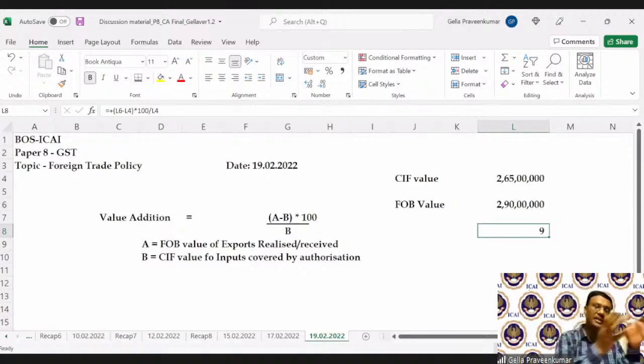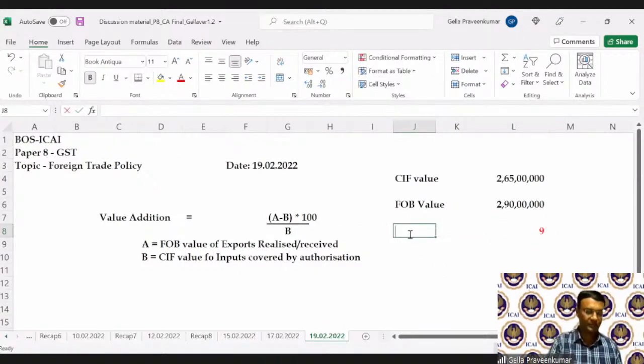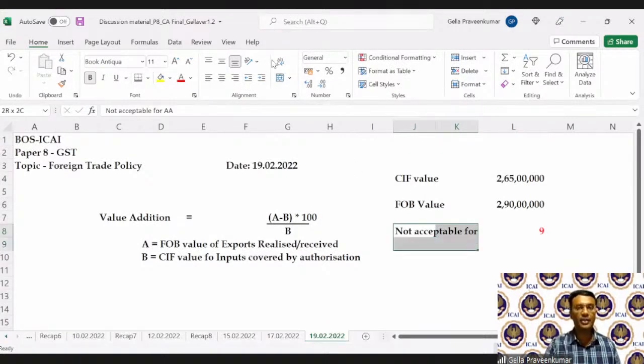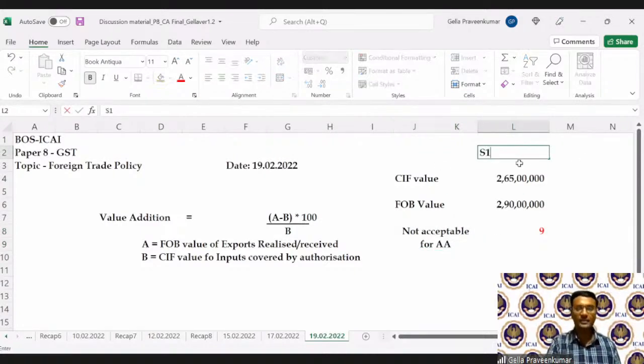This 9% could have been achieved even in India. So they say you should be in a position to at least fetch 15%. Not acceptable for advance authorization. They say, look, you have done your business, I understand you, but what you have done is not so good. I don't agree with you. So this is scenario 1.